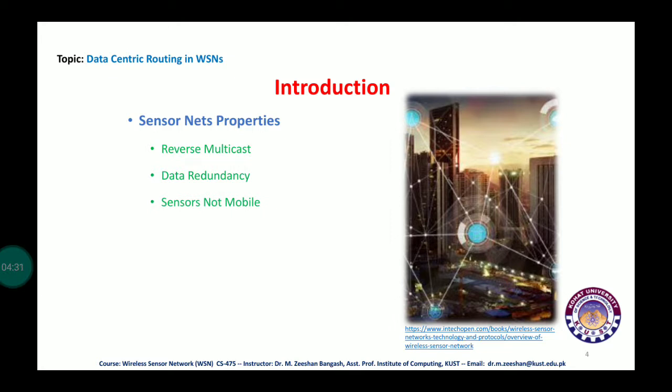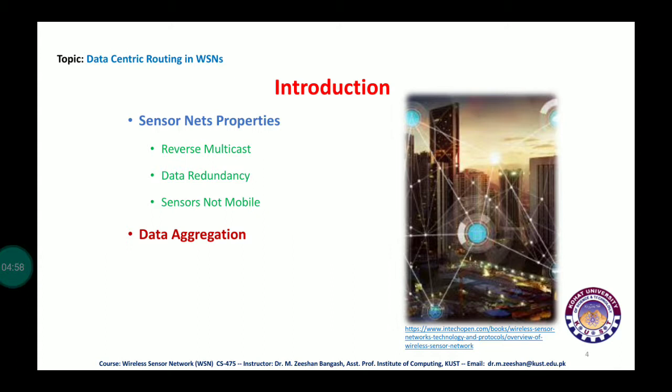And as per the design of the network, some sensors may not be mobile. So how do we collect accurate data for a phenomenon or for a particular location? These are some of the sensor net properties that have to be taken into consideration.